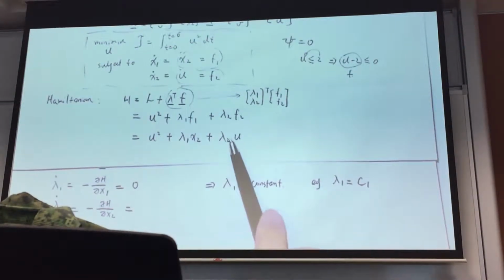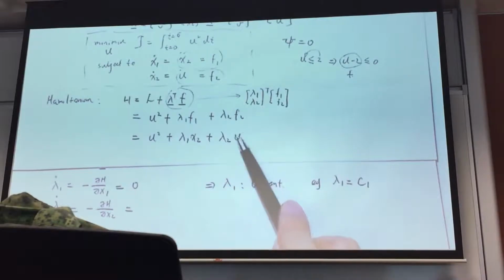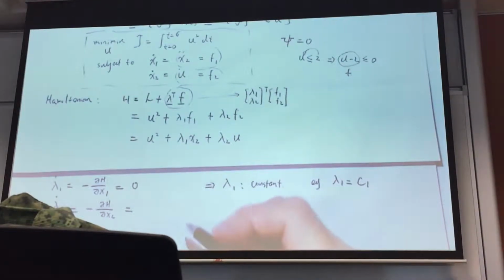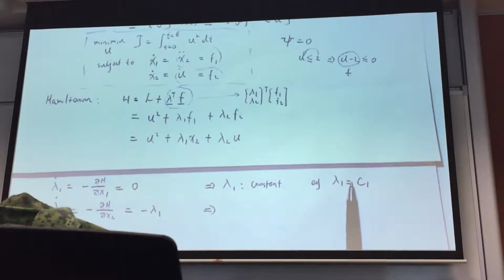The third part is also 0 because there's no x2 there. So we get minus lambda 1. What's the meaning of lambda 2 dot equal to minus lambda 1? We know lambda 1 is a constant, so the derivative of lambda 2 is a constant.